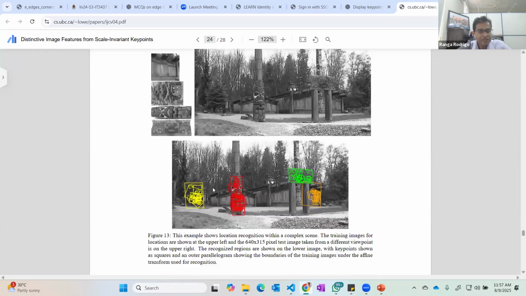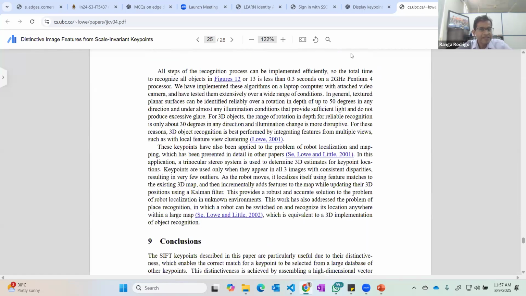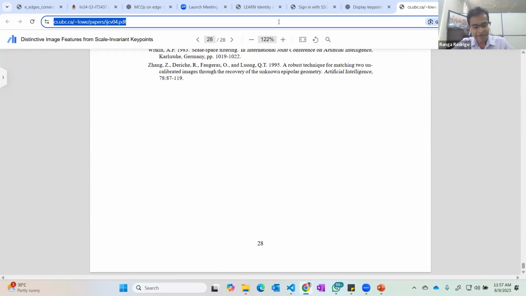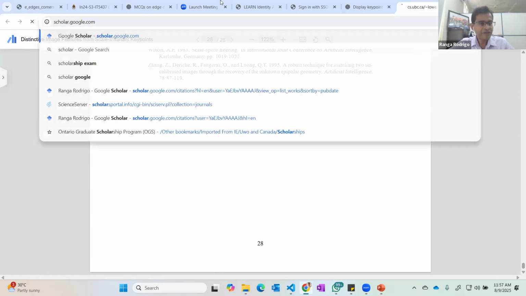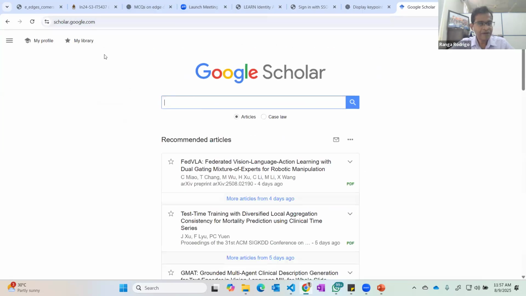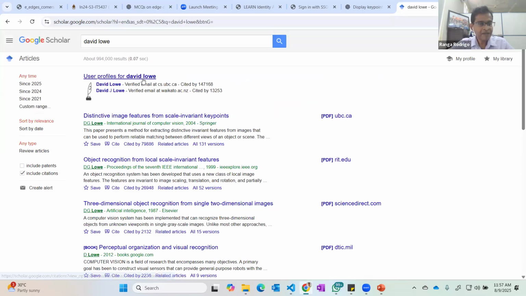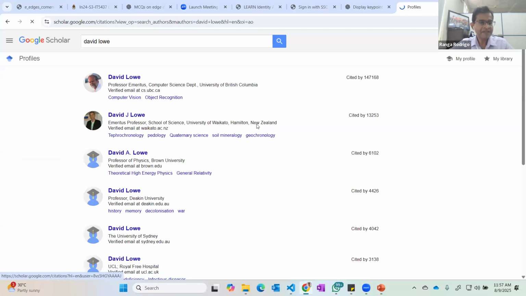Matching these totem poles. Yes, that's a great contribution to computer vision. If you take Google Scholar and search for David Lowe, you can see a massive number of citations for that person.